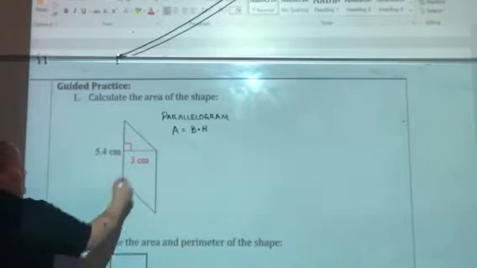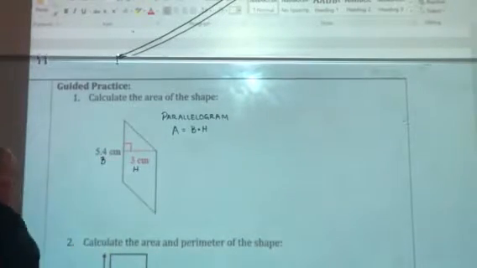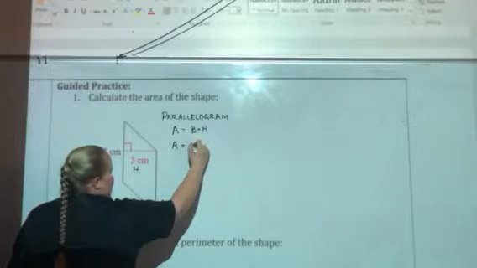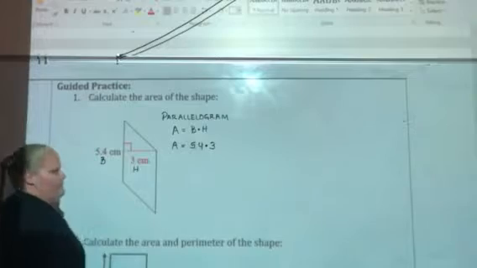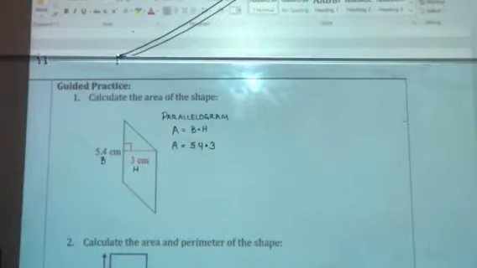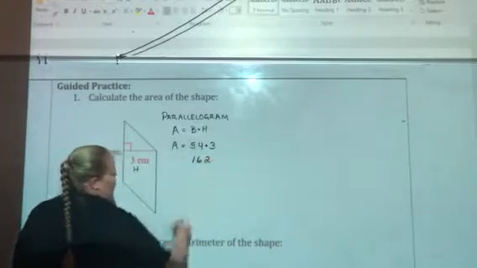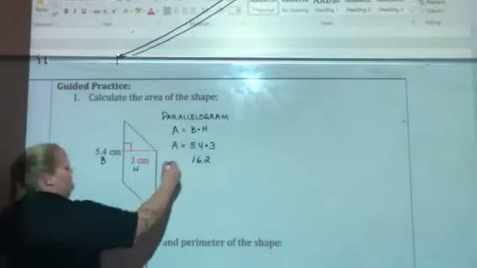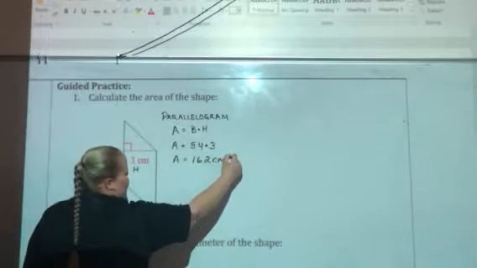Well, the height is going to be 3 centimeters and the base is 5.4 centimeters. So area is going to equal 5.4 times 3, which is 16.2. So area equals 16.2 centimeters squared.